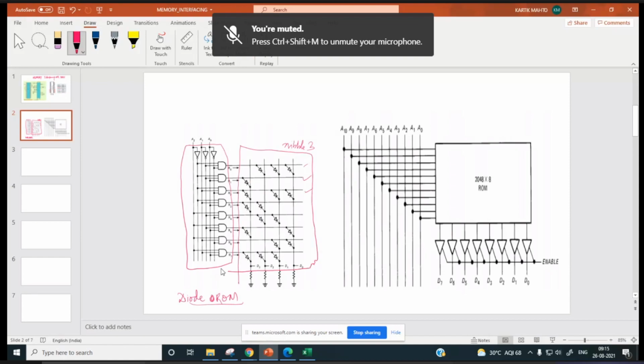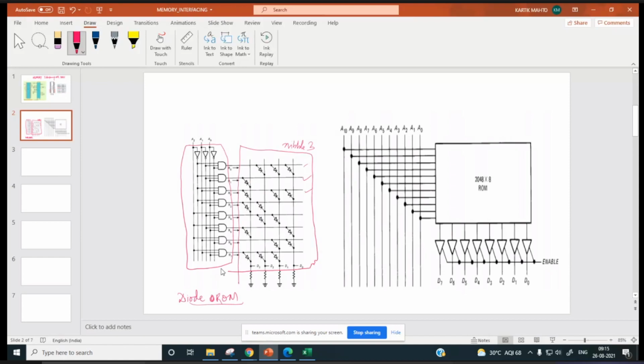Data are stored here in the form of nibbles. Suppose I want to read this nibble 3. Out of 8 nibbles, I have to read this one. What will you do, Ankush? Sir, I don't know, sir. Very good.